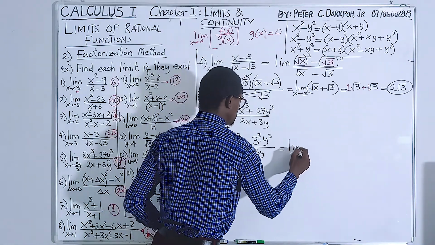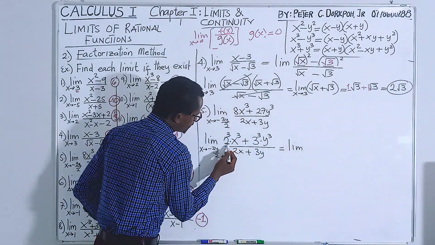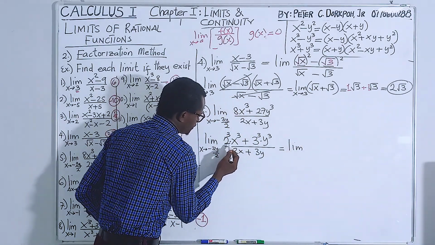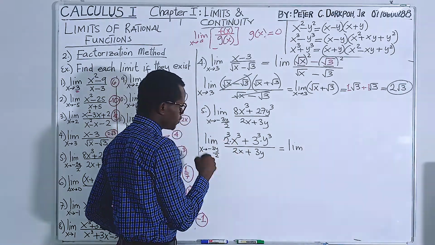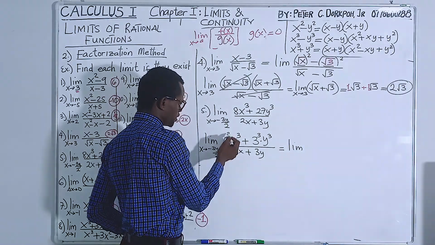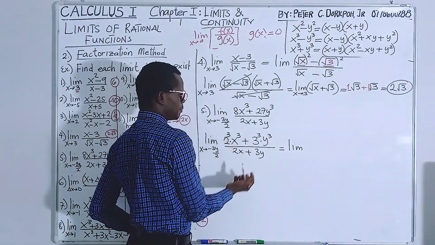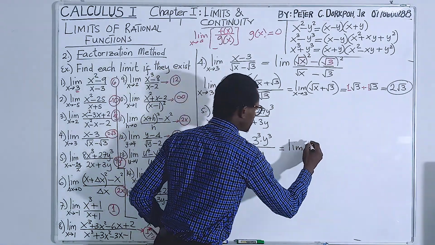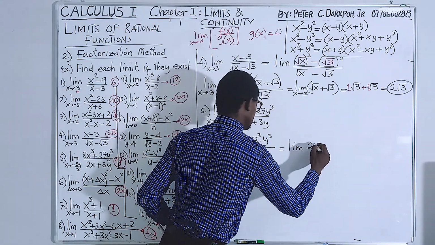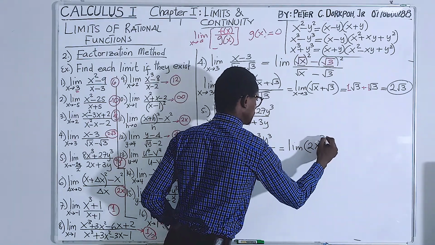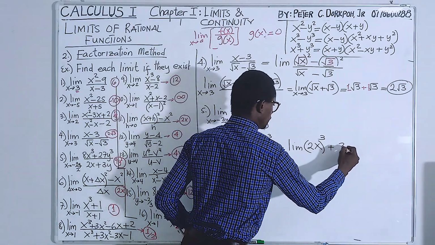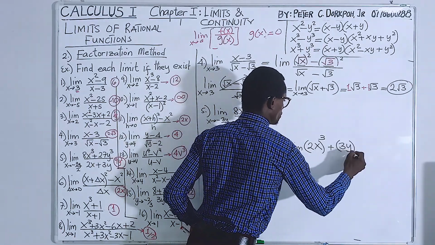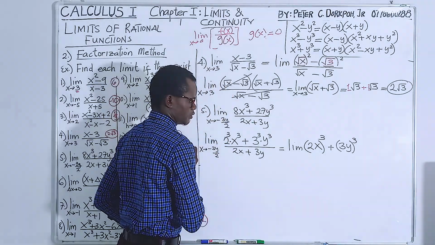So we can further simplify it. Because these two bases have the same power, we don't need to write 3 raised to the third power, then x raised to the third power, repeating the power. No. We just say 2x all raised to the third power, plus 3y all raised to the third power, right?